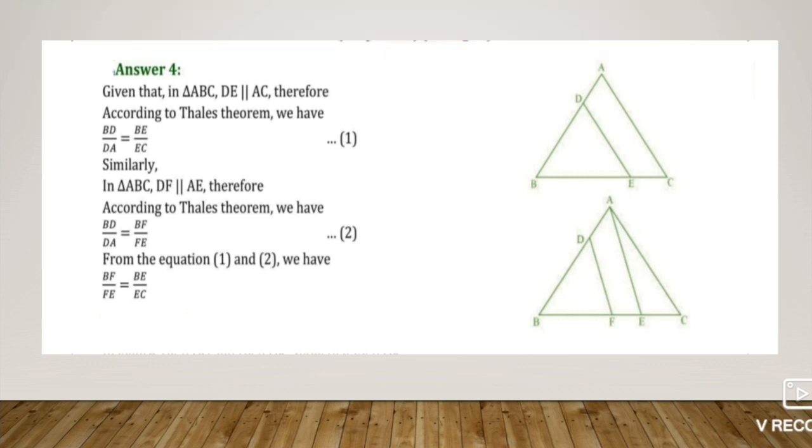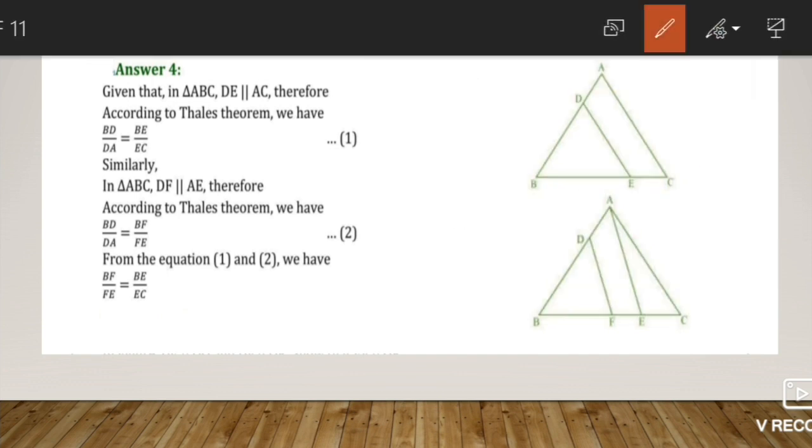If you look at the second figure for triangle A, B and E, this is parallel to this one. So you can say that BD by AD is equals to BF by FE, which is given as equation number 2.